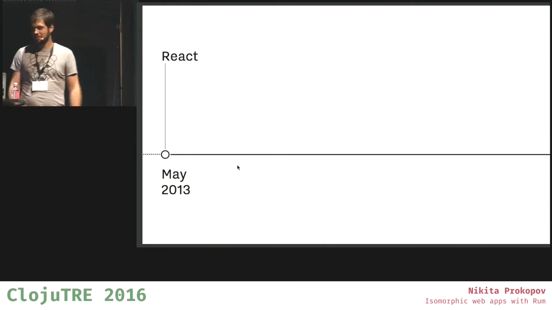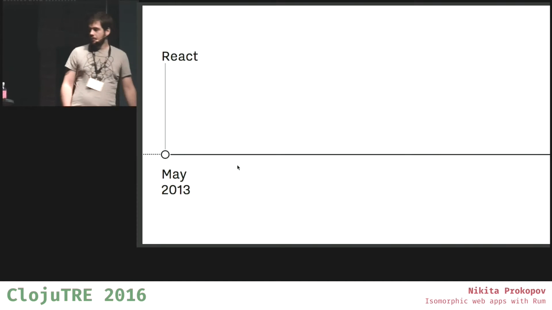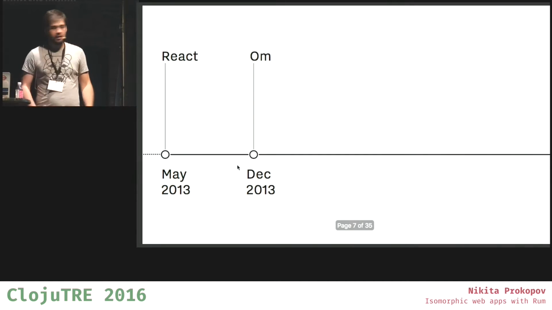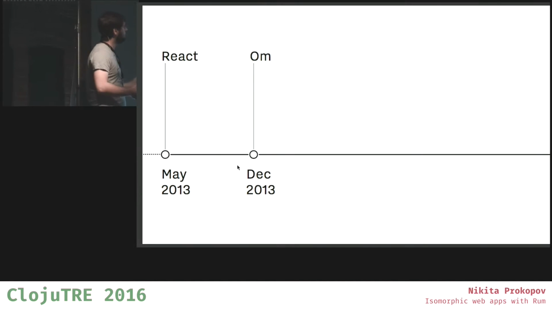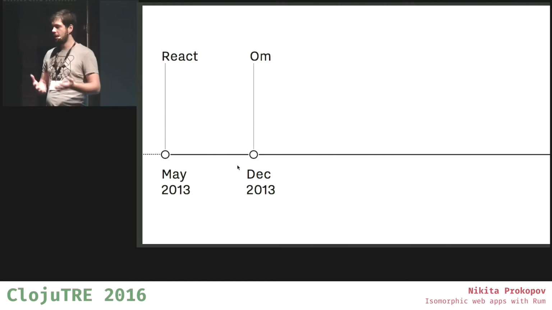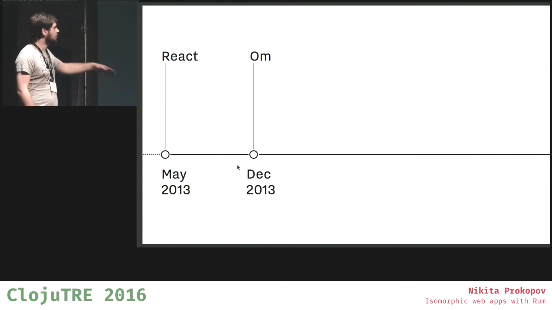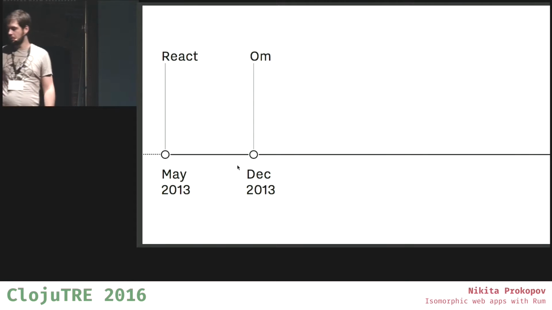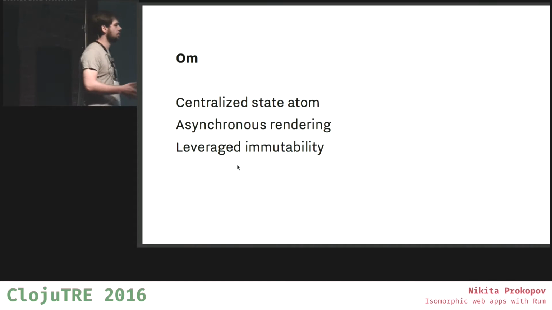The first version was released in May 2013, and it took some time to appreciate the idea and to adapt it in ClojureScript world. And the ClojureScript story of React and user interfaces really starts in December 2013 when David Nolan published his famous The Future of the JavaScript Frameworks blog post and released the first version of OM.